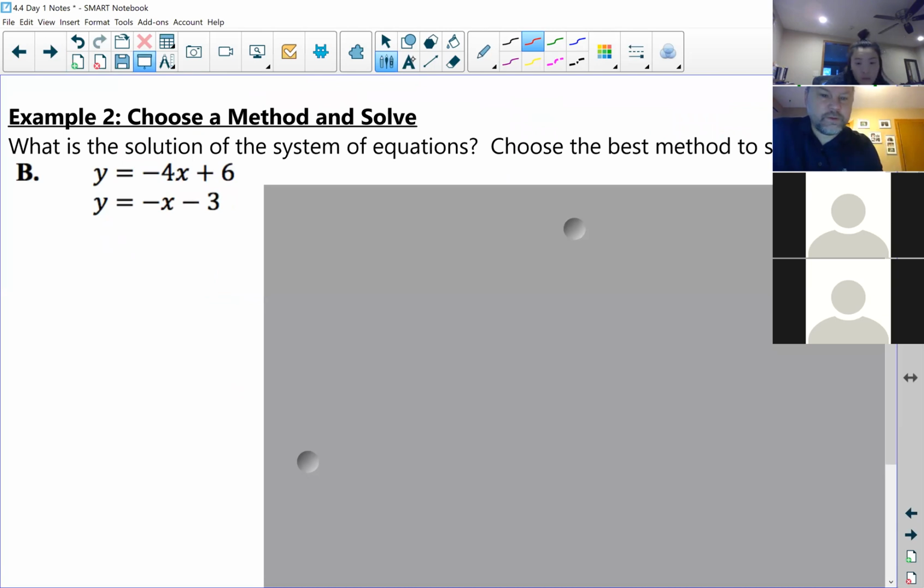Again, I have you vote. Which method would you choose to solve system B? Three more votes.